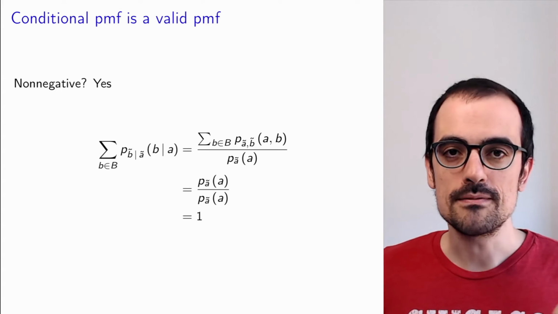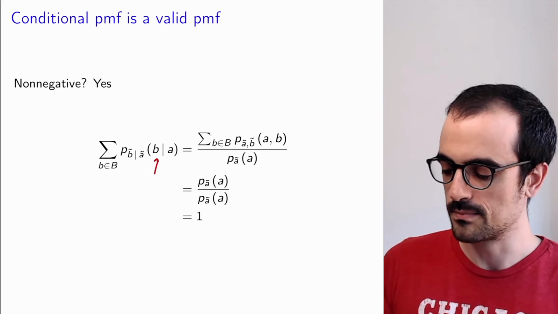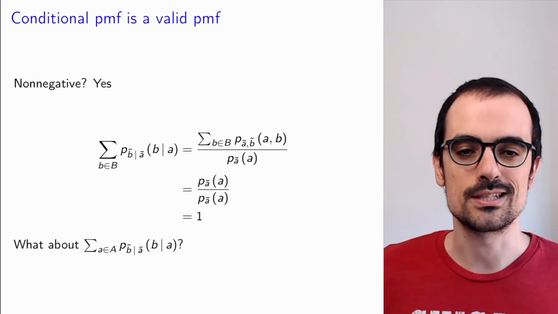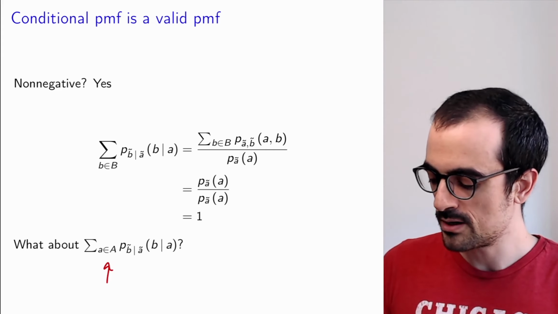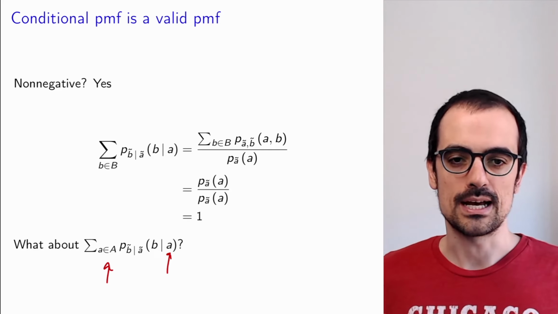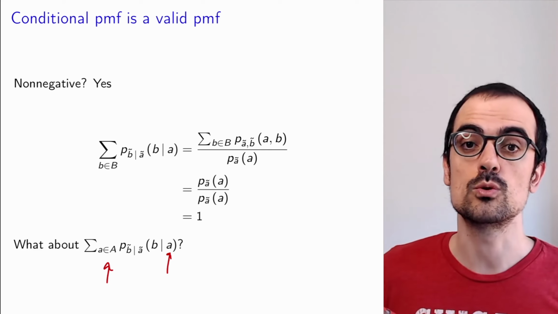Again, I really want to emphasize that it makes sense to sum the probabilities over B, but it makes absolutely no sense to sum them over A. You always need to remember that this parameter A that we have in the conditional PMF just tells us which of the conditional PMFs we are getting.